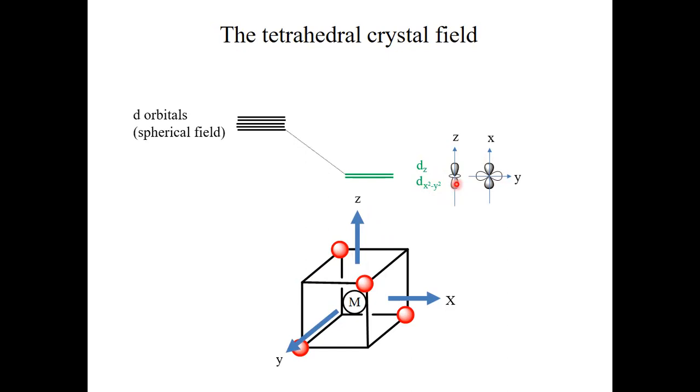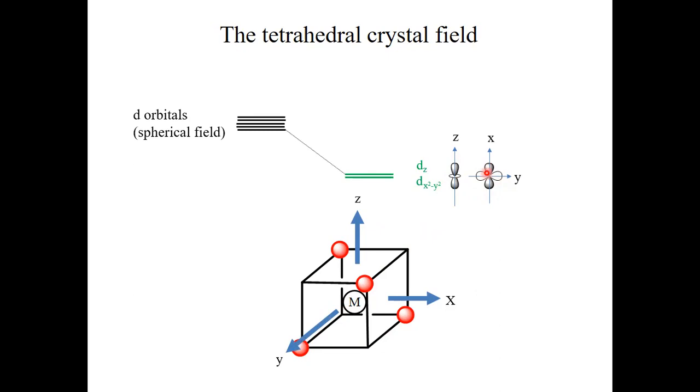The dz square orbital has its electron density primarily on the z-axis. The dx square minus y square orbital has its electron density primarily on the x and the y-axis. Now we see that the ligands do not approach on these axes, and for that reason, these orbitals face relatively small electrostatic repulsion from the ligands.